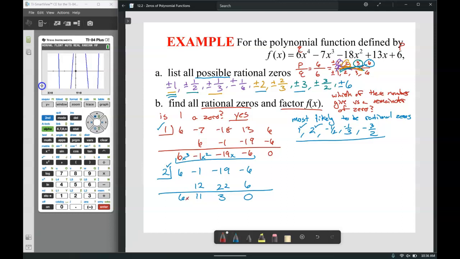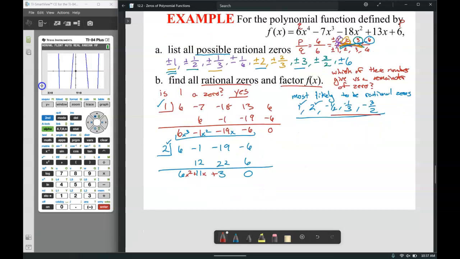And now I'm left with 6x squared plus 11x plus 3. Now that I have a quadratic, my options are I can either continue to do synthetic division with the numbers that we have left to see if I get zeros, but I don't need to. I have a quadratic. We know how to factor quadratics. We want a product of 18 and a sum of 11.